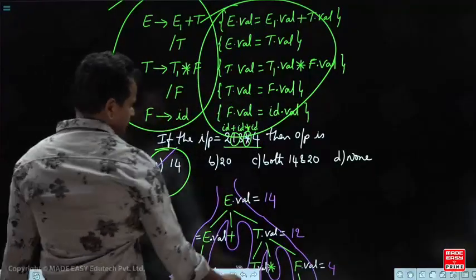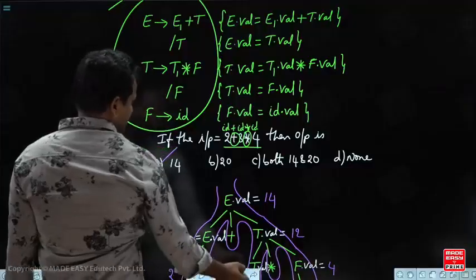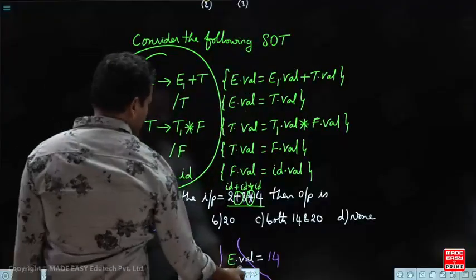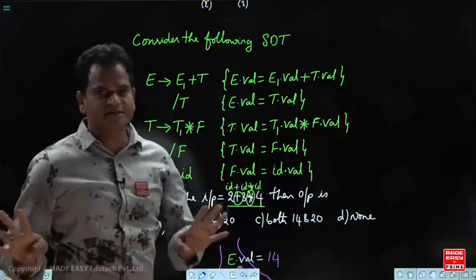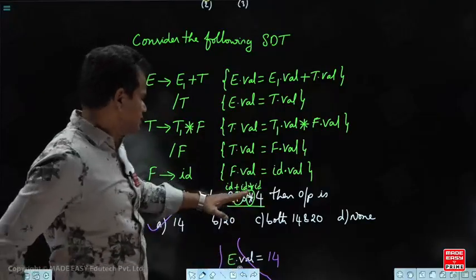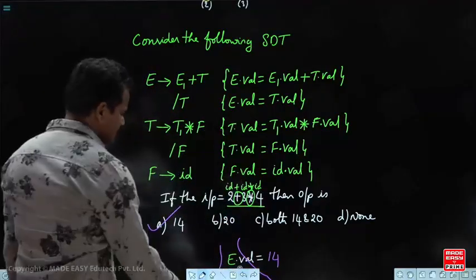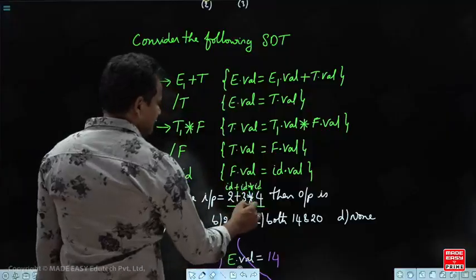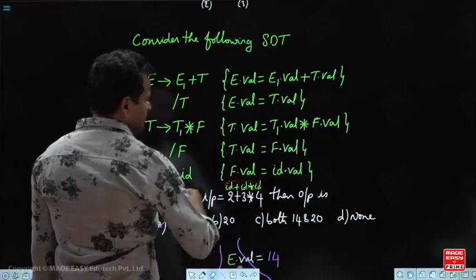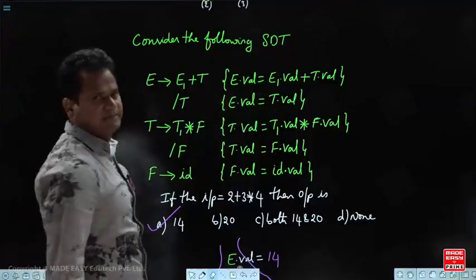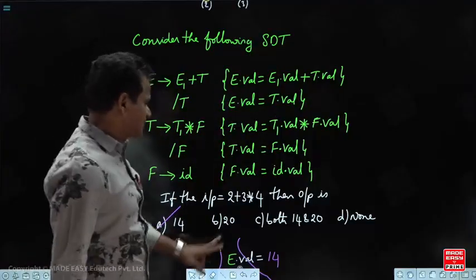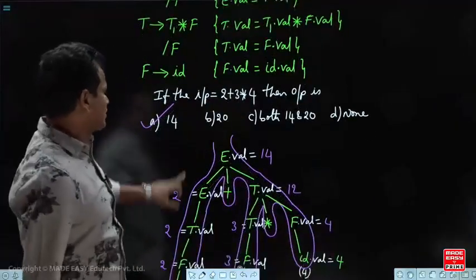So I told you this grammar is used only for constructing the parse tree. According to the input string, the parse tree will be constructed. After that, the evaluation of the tree depends completely on the semantic actions. So this is the grammar, and if this is the input, this is the output.